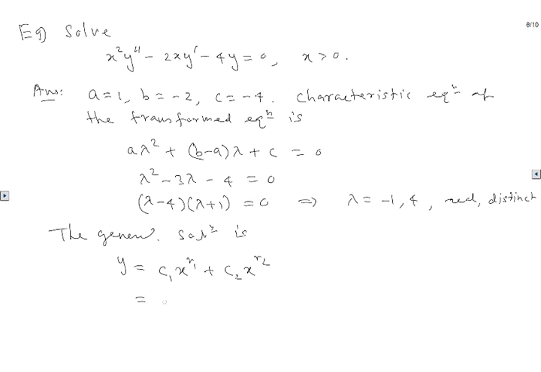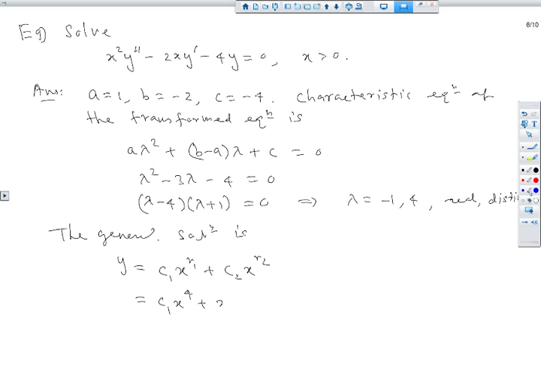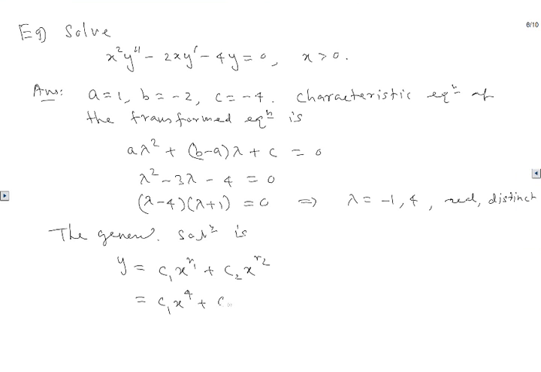If you plug in, you get c1 x to the 4, and the other one is c2 x to the -1. You can leave it like that, or write this as c1 x to the 4 plus c2 over x. This is for x positive, and you can see that x cannot be 0 here because you'd be dividing by 0. So that's the general solution to this differential equation. Very good. Let's try to do another one.